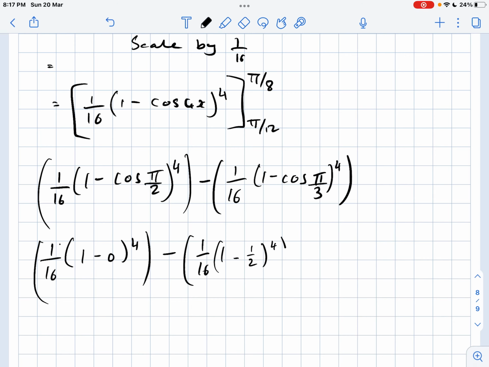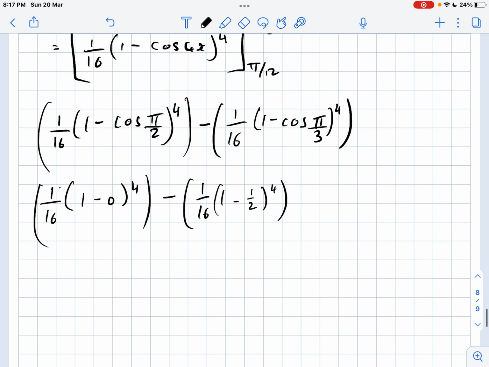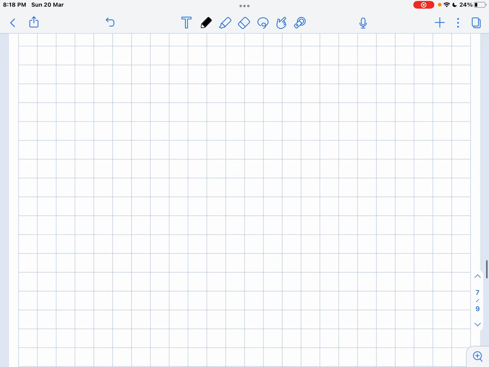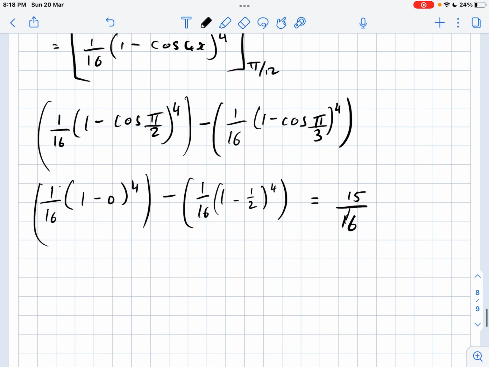Type that into your calculator, or simplify it down even further if you want. We end up with a 16th of 1 and a 16th of 1/16, but that final answer is, not 15 over 16, sorry, it's 15 over 256.